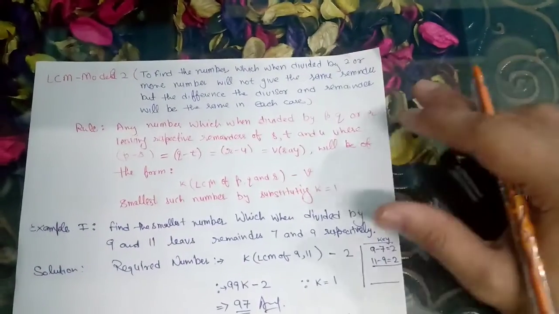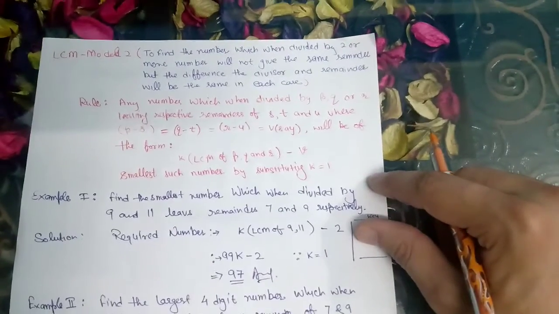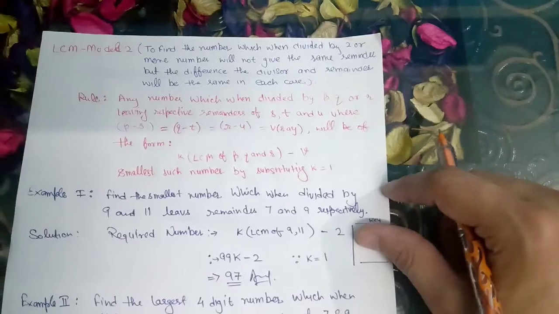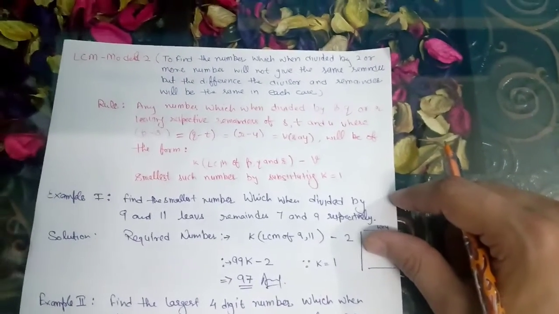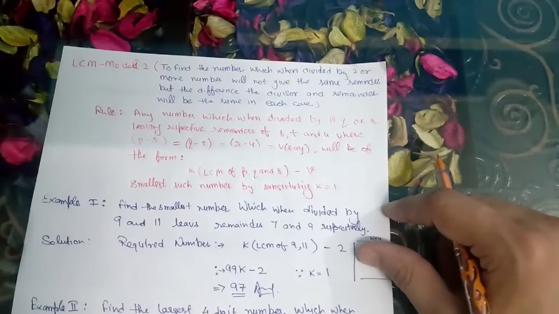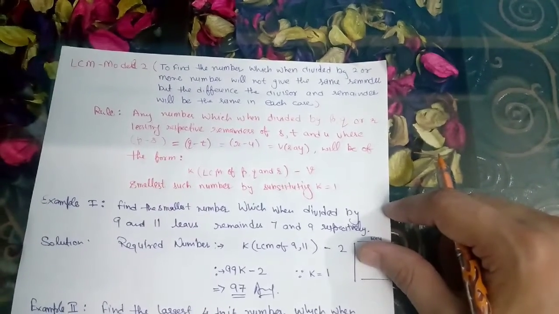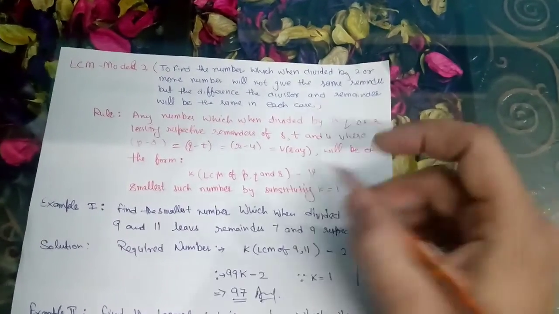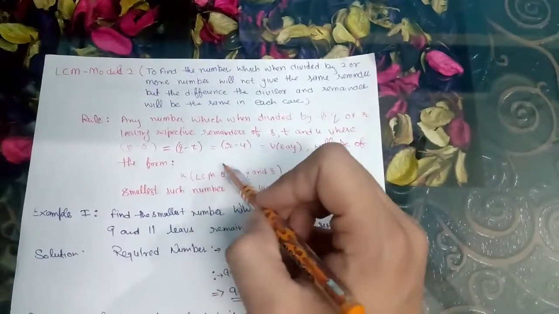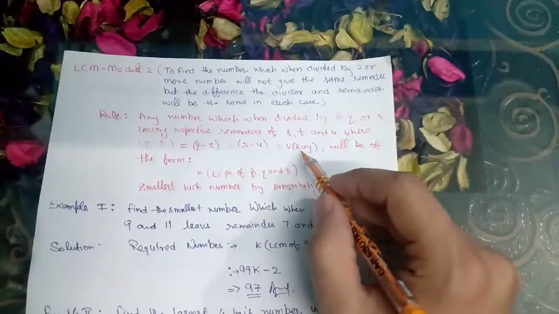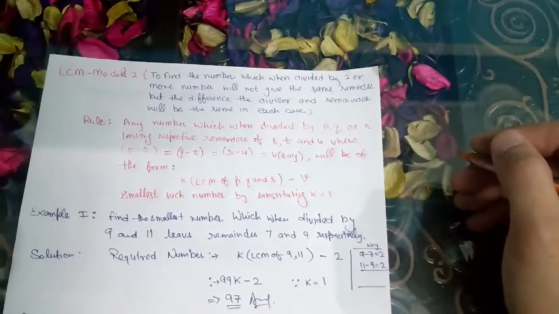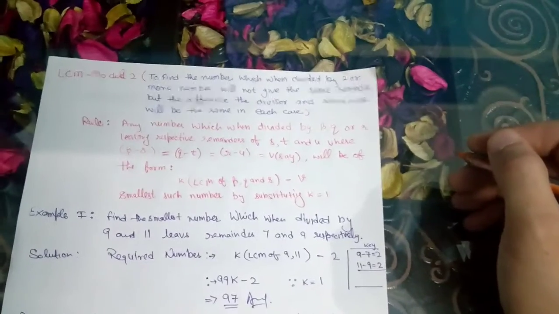Any number which when divided by P, Q and R leaves respective remainders of S, T and U, where P minus S, Q minus T and R minus U are all equal, say to V, will be of the form K times LCM of P, Q and R, minus V.